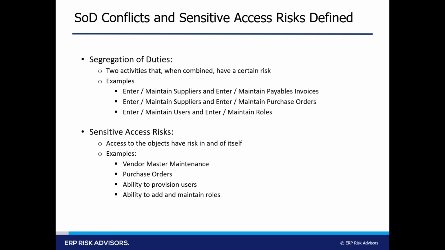So SIs really aren't set up to do that negative regression testing. They don't really care about it as part of the implementation. All they care about is that they can go live and the people can do their jobs after going live. It's not the concern of an SI typically to say, do they have access to something they shouldn't? That's just not the role of an SI.